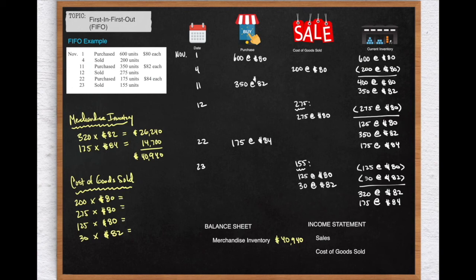We're going to do some calculations right now. So 200 times $80 is $16,000. 275 units at $80 is $22,000. 125 units at $80 is $2,000. And 30 units at $82 is $2,460.